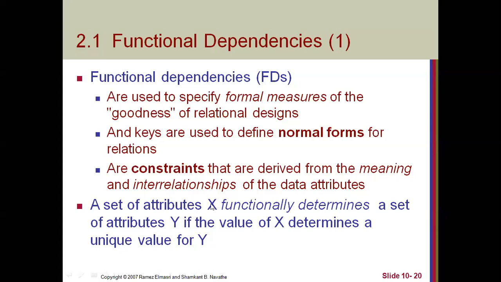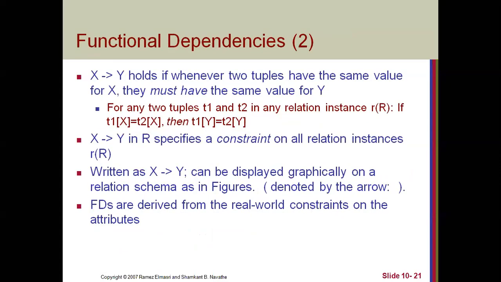Now understand, X functionally determines a set of attributes Y if the value of X determines a unique value for Y. If you just read the definition, you may not understand it. So let us understand it with an example again. You should easily understand with one more example.